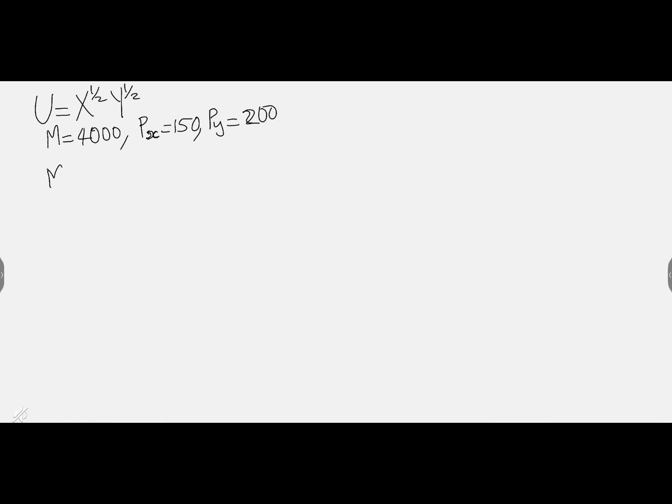Because MRS is equal to marginal utility of X over marginal utility of Y, and this marginal utility is dU/dX, and this is dU/dY. And we said that the consumer's optimum consumption is where MRS of X and Y is equal to PX over PY.